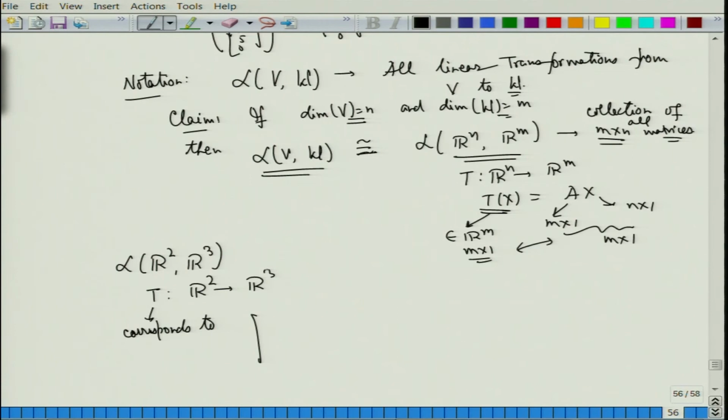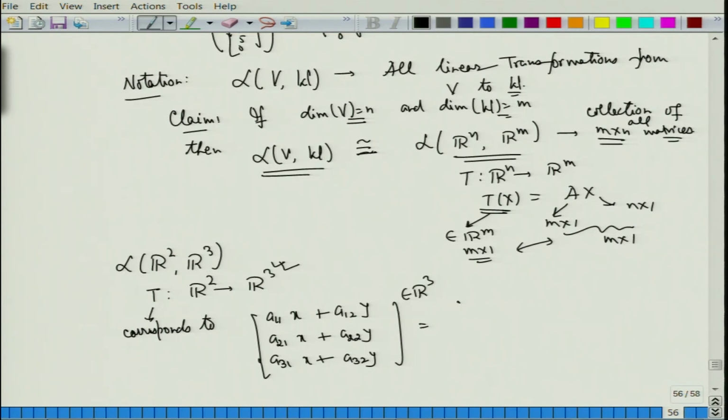There will be two things, but I want three components here. So, I will have something like A11x plus A12y, A21x plus A22y, A31x plus A32y. This is how I get an element of R3.